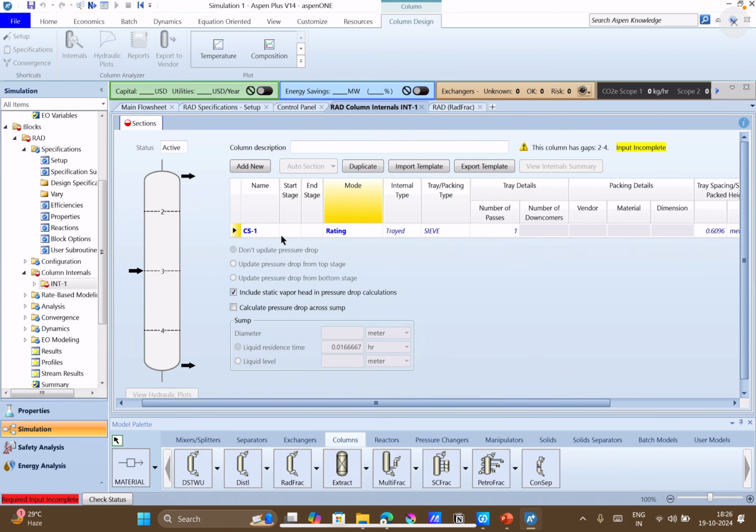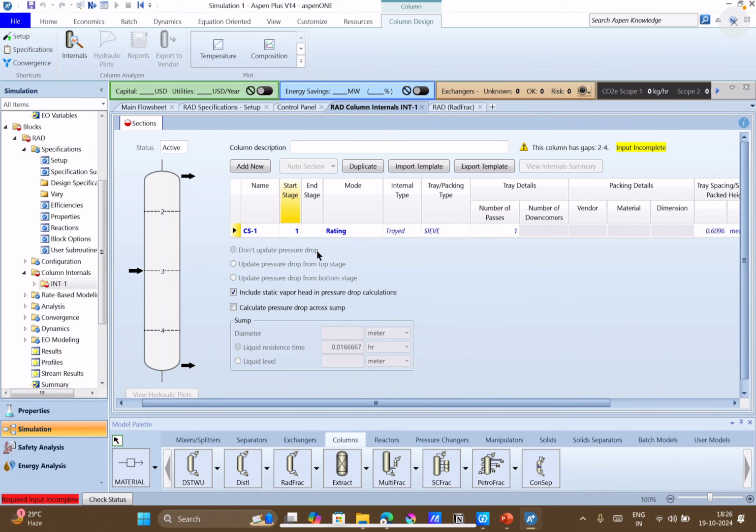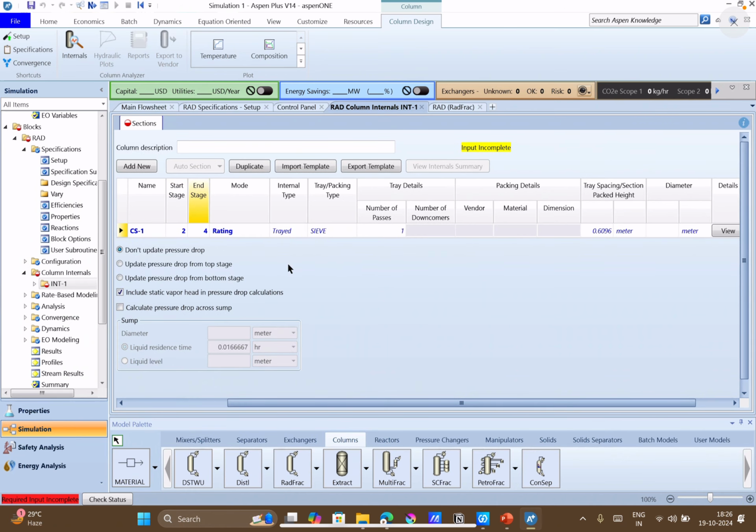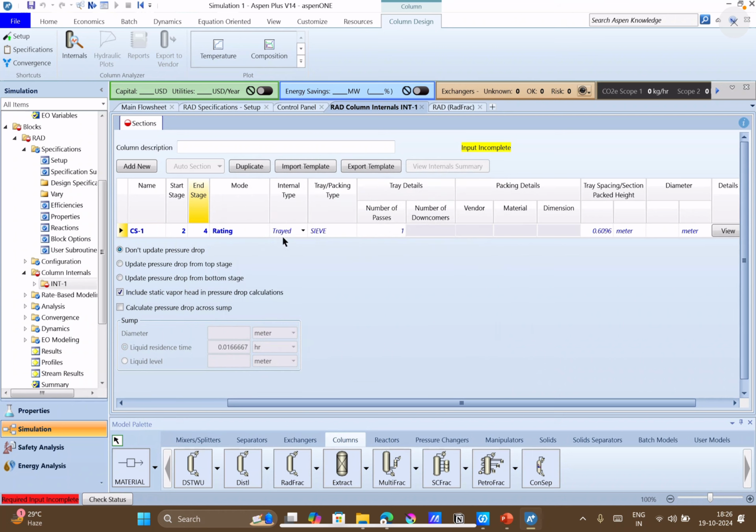So we have total 5 stages. Since stage 1 is our condenser, from 2 to 4 we will have a tray spacing. This data is complete. What else is remaining? Diameter must be specified when mode is rating.